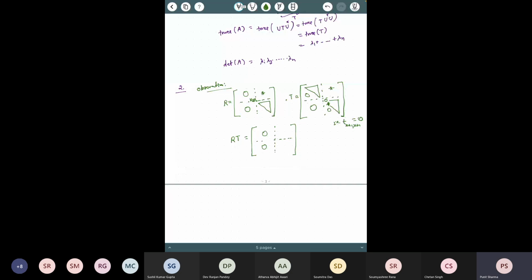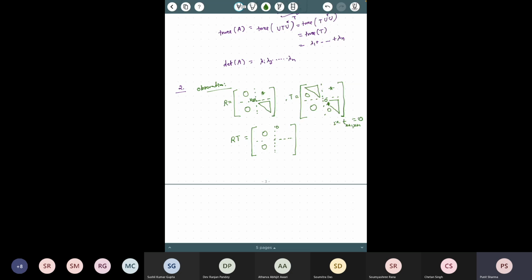How do you know that? Just multiply. So let us multiply here. We want the k plus 1th column, so I have to multiply this with the column here for the first entry. What would it be? 0. So the first entry is 0.